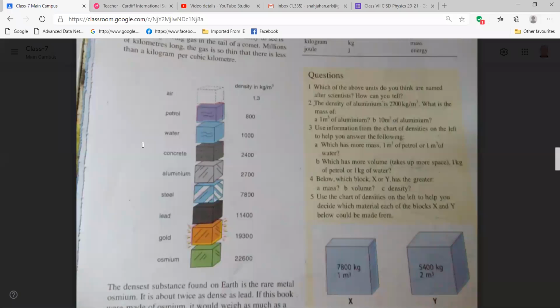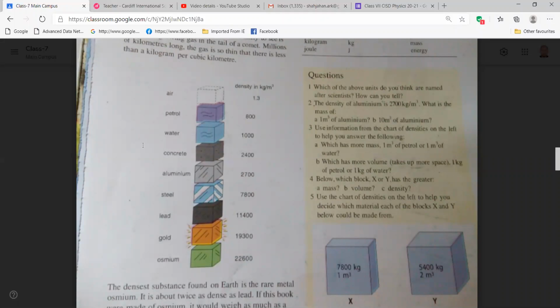Now part B. Can you continue part B? Which has more volume, takes up more space, 1 kg of petrol or 1 kg of water? Sir, obviously water. No, petrol. 1 kg of petrol.